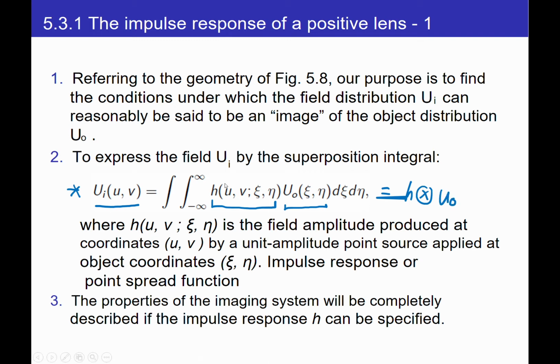So the properties of an imaging system will be completely described by the impulse response h. So we need to find out in our case what is the h in this system.